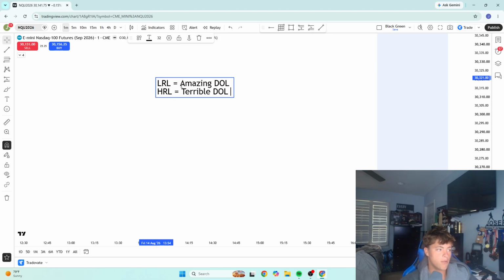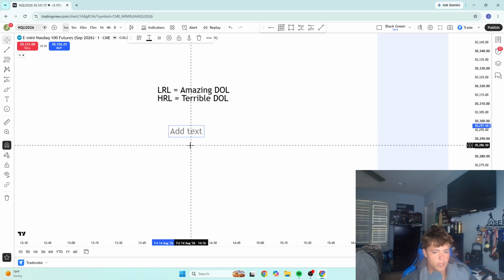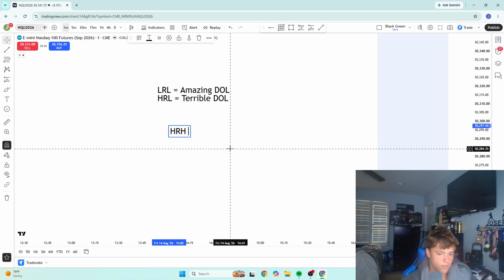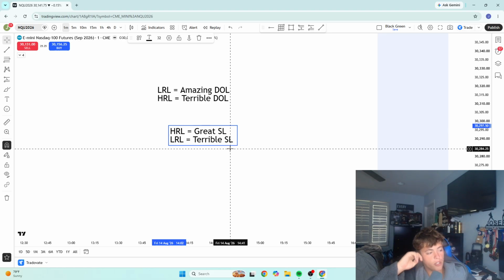Now, LRL is high probability, HRL would be low probability. Now, HRL, great stop loss. LRL equals terrible stop loss. Why? Well, HRL is protected, LRL is unprotected.